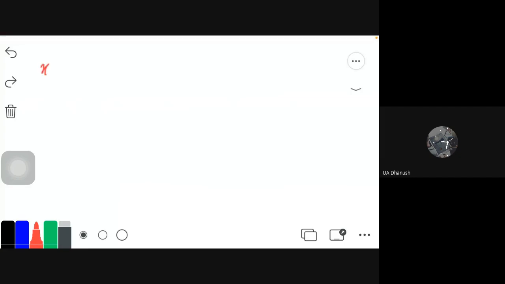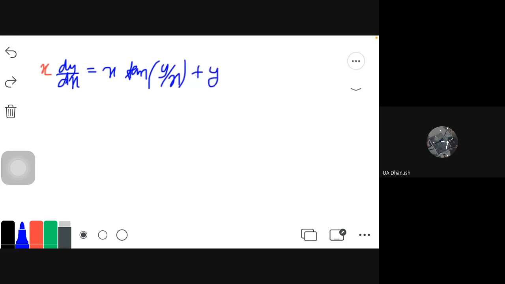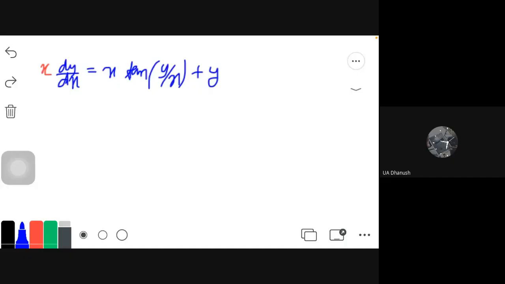So I have x dy by dx is equal to x tan of y by x plus y. So again, if you see because of the degree, which is one only, therefore it is a homogeneous equation. And if it is a homogeneous equation, what we do is put y is equal to vx.